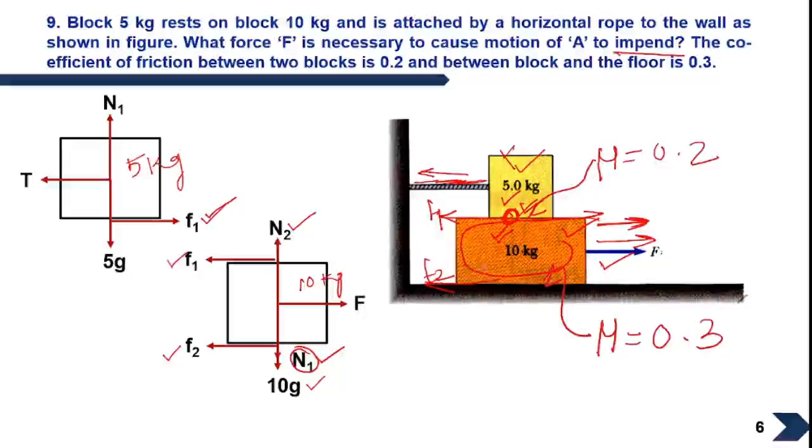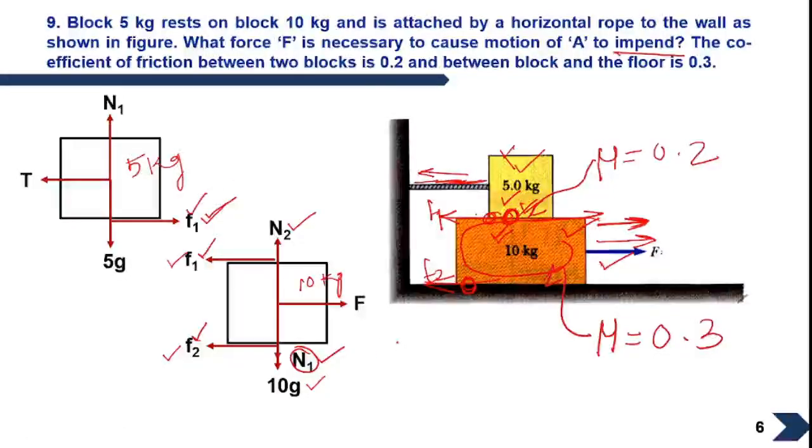But the 10 kg block has contact with the ground and with the 5 kg block, and hence it gets two frictional forces, F1 and F2. This force F1 will be the same, only the direction will change.